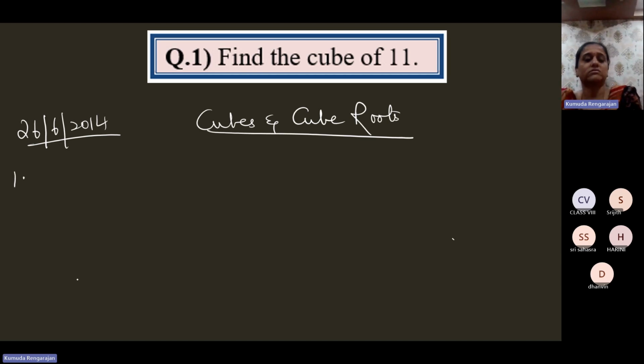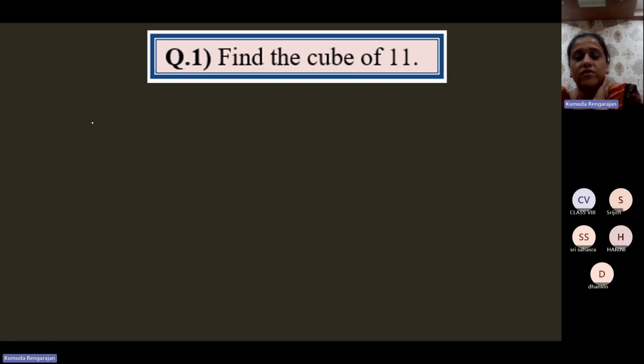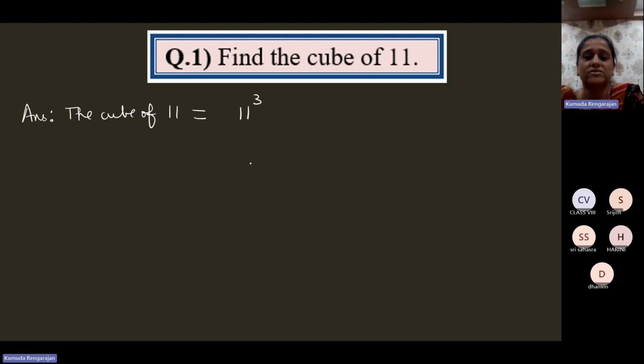Question number 1. Always write the date before you start your work. Find the cube of 11. So the cube of 11 means, see here, the cube of 11, like this.